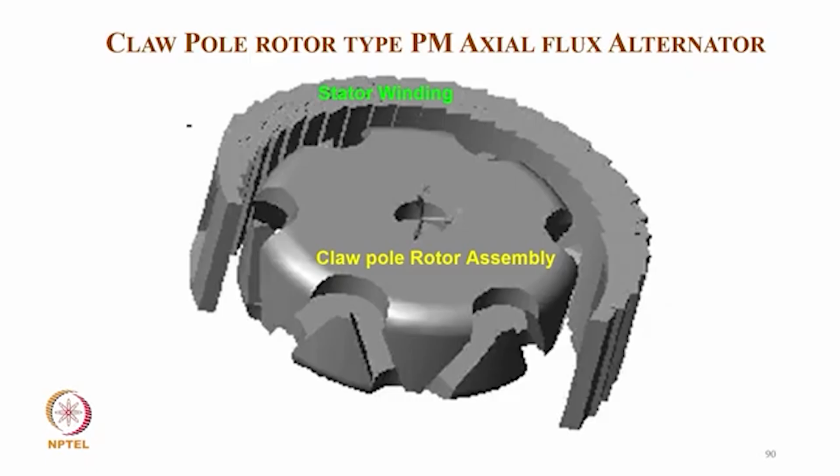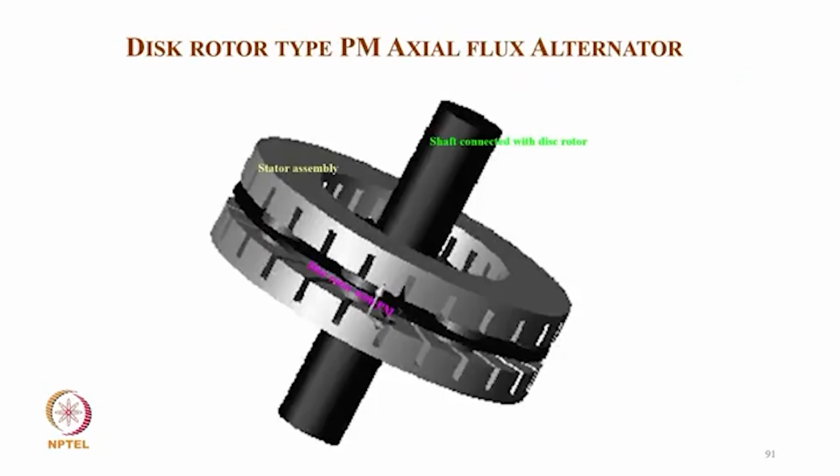Or another construction, claw pole rotor type permanent magnet axial alternator, which is used in most, even all, electric vehicles for generating the electricity for charging the battery, even normal car or normal truck. So it's a brushless construction, a very compact construction with small size, weight and volume. And another is this type of magnetic axial field alternator.